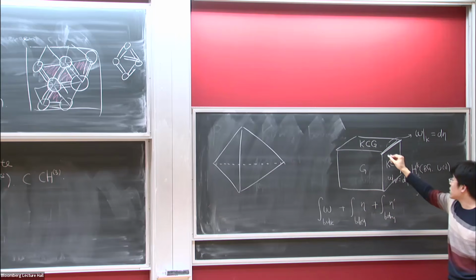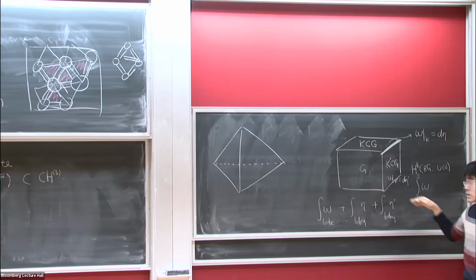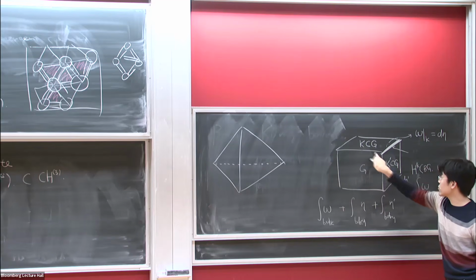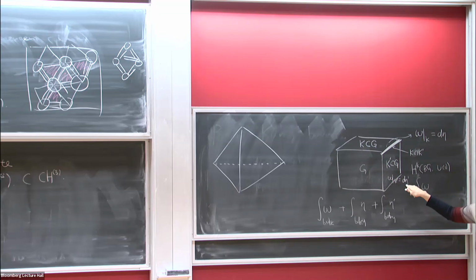And then we also need to ensure that it defines a logical operator in the presence of the corners. So at the corner, the unbroken subgroup is the common unbroken subgroup of K and K prime. In order to define the logical operator in the presence of a corner, we need to ensure that the restriction of the trivializations eta and eta prime to the common unbroken group is again trivializing.